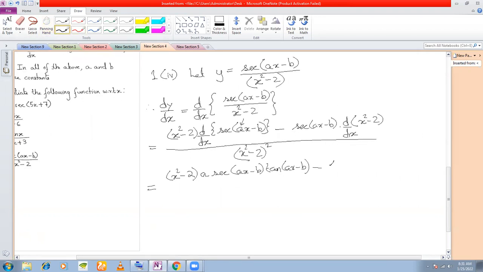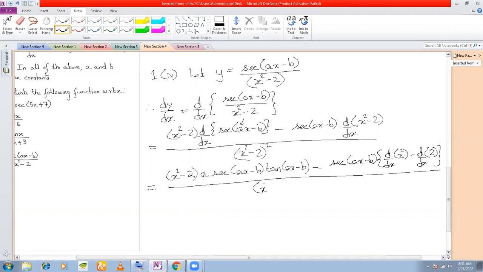And here you have sec ax minus b into d dx x square minus 2, you distribute this over x square minus d dx 2, and you divide this entire thing again by x square minus 2 whole square, right?